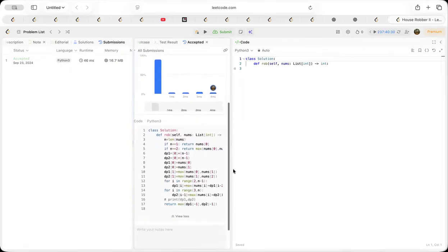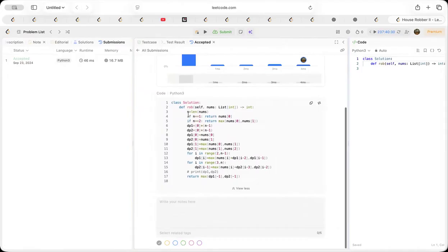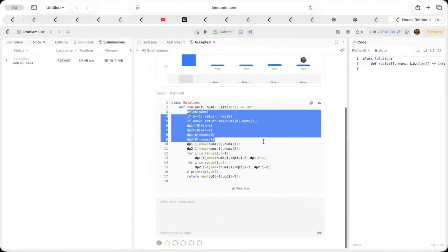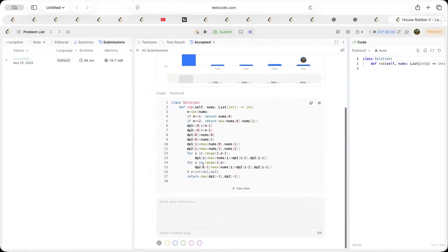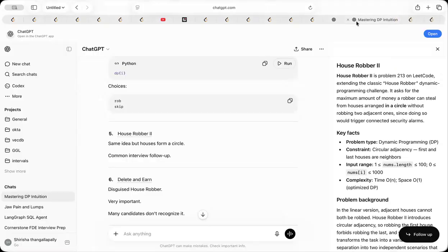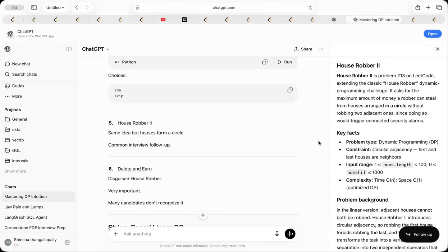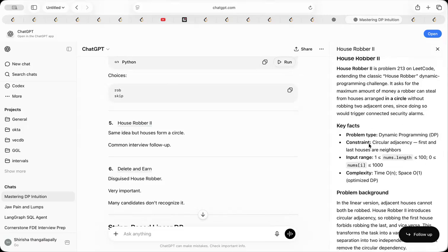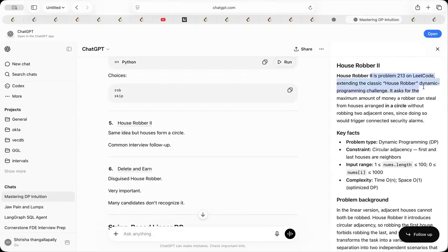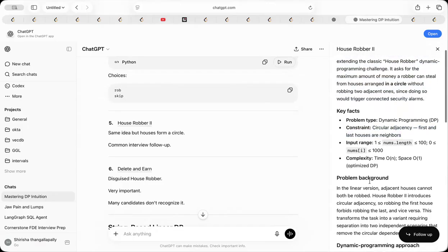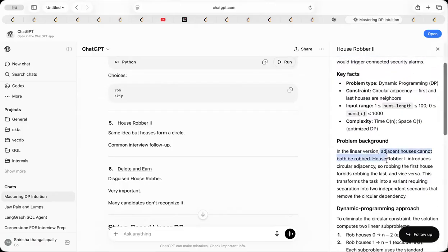The first and last houses are adjacent neighbors, so these numbers cannot both be robbed.